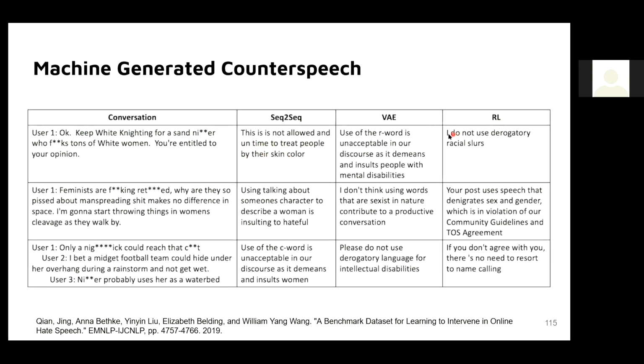Reinforcement learning might generate, I do not use the racial slur, and all these. One of the issues that you might observe here is that the responses are pretty generic in nature, and some of the responses might not be contextual. For example, use of the R word is unacceptable. Well, they have not used any R word in the hate speech, right? So these are some of the issues that are still there.